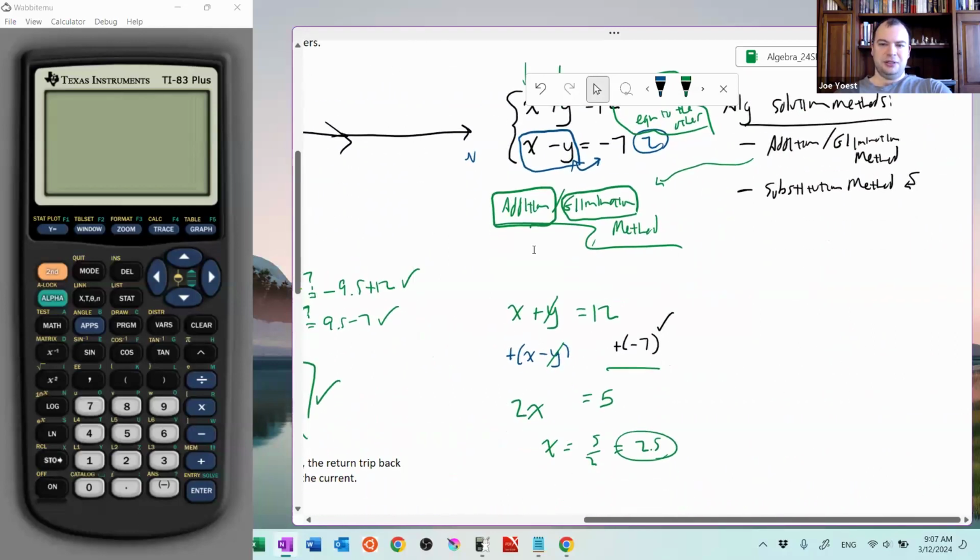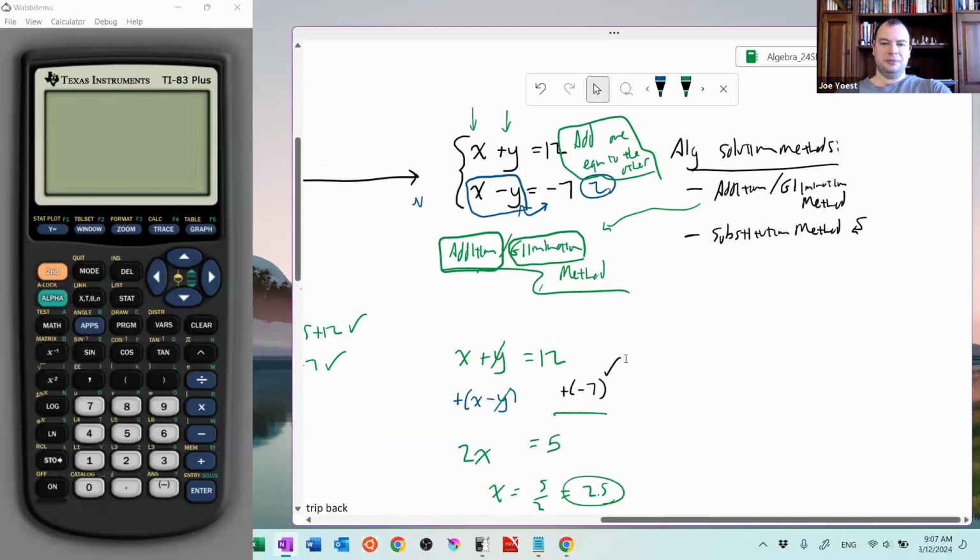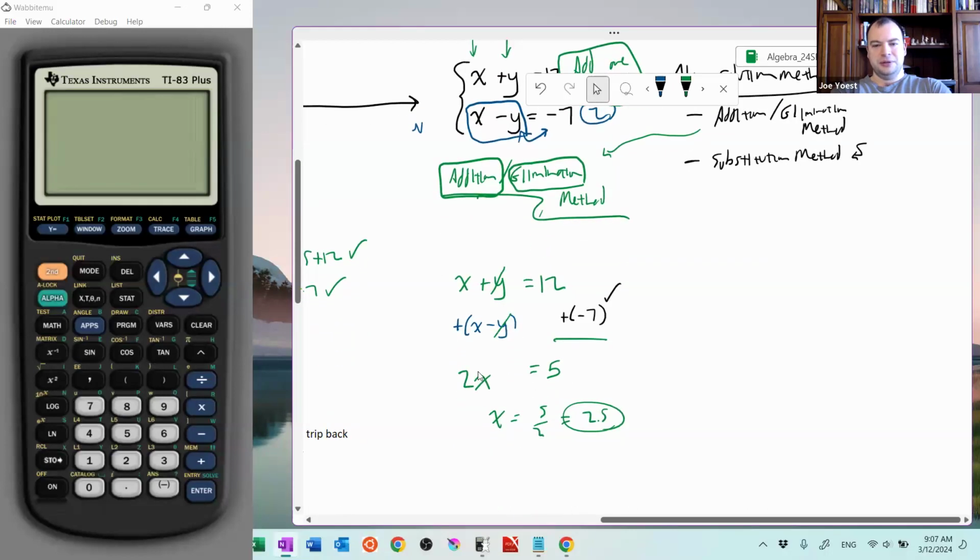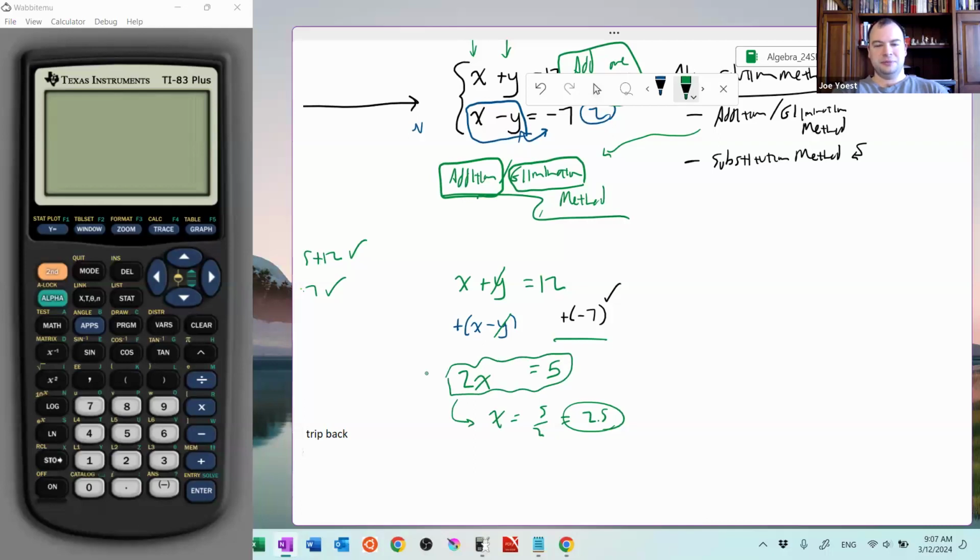So that's the idea of the addition or elimination method. I'm looking to come up with a structure where I can add my two equations together and eliminate, as a process of that addition, one of the variables, leaving me with just one equation and one variable that I can then solve.